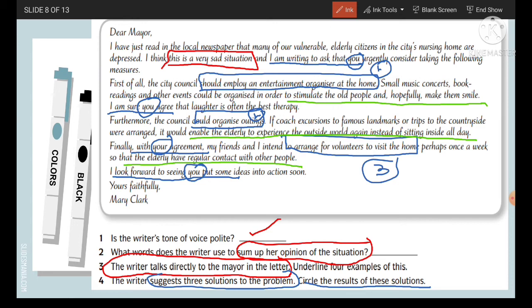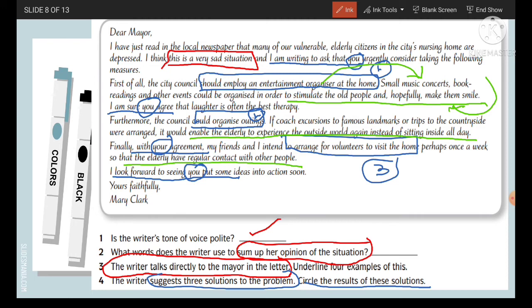So when you look at the first suggestion, then they provide example, and next is the result, kesan.